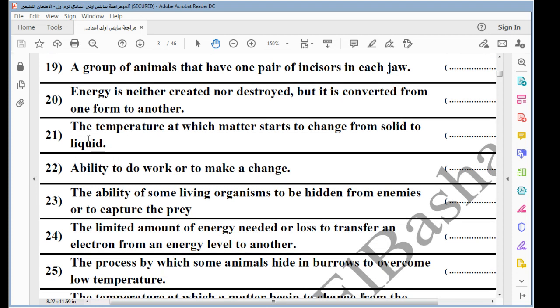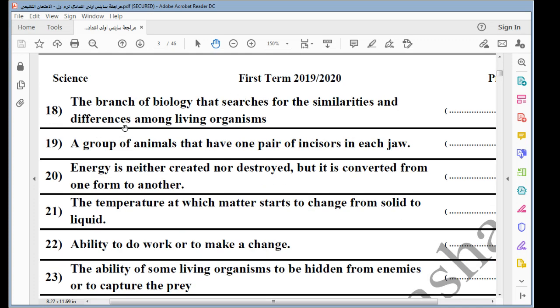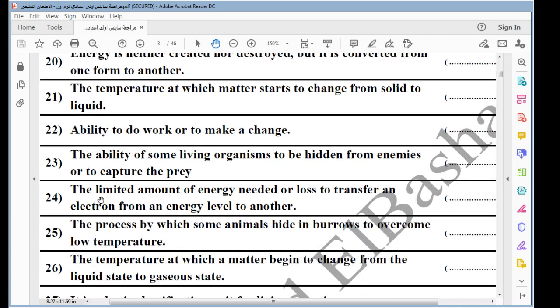Number 21. The temperature at which matter starts to change from solid to liquid. Of course, this is melting point. Number 22. Ability to do work or to make a change. Of course, this is easy: energy. Number 23.